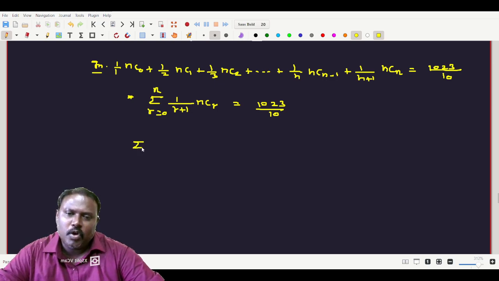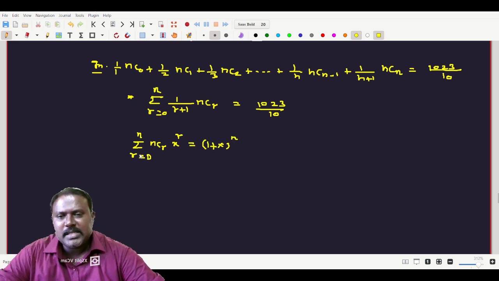So we know summation R equals 0 to n NCR x to the power r is nothing but 1 plus x whole power n. Now integrate on both sides.